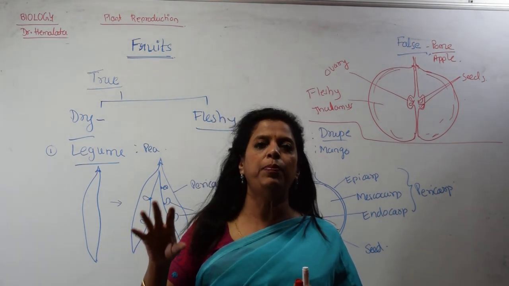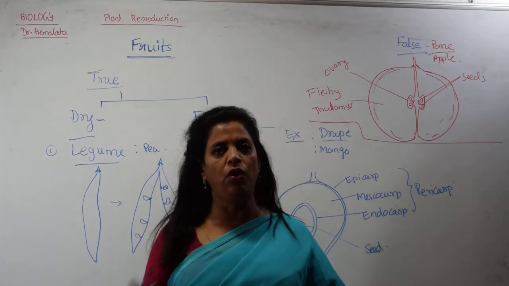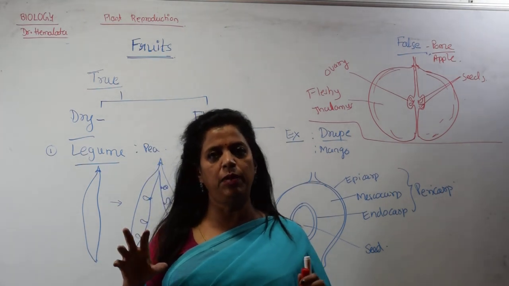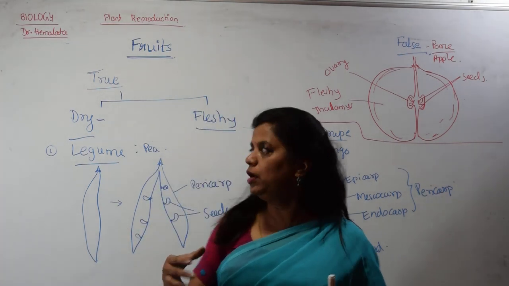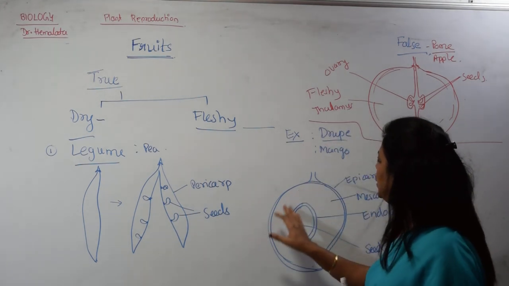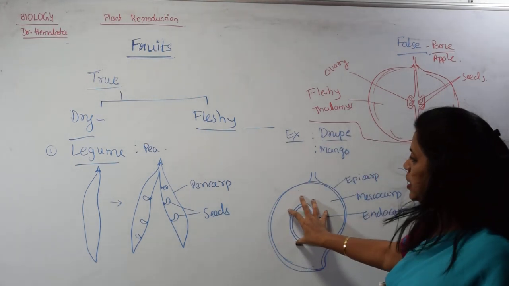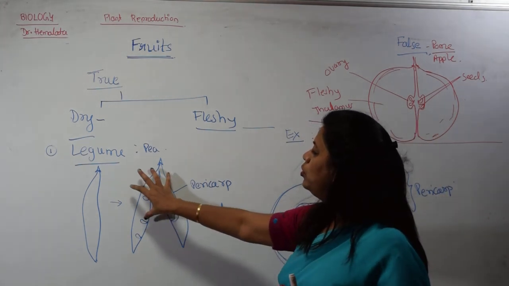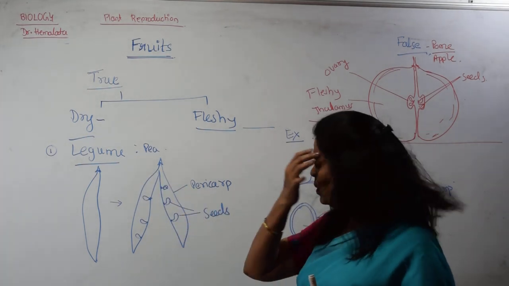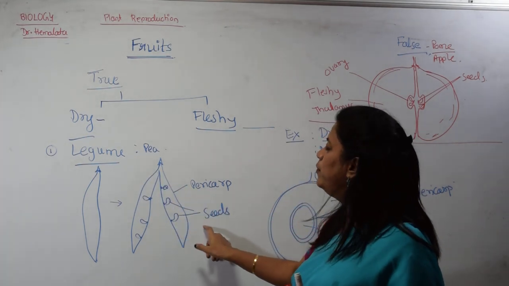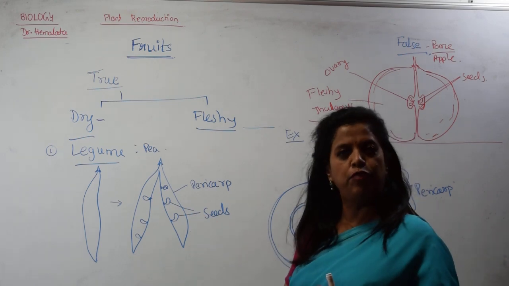Sometimes it is the epicarp, mesocarp, endocarp, one or all of them. That is, the pericarp is edible in fleshy fruits. So here the edible part is the epicarp, mesocarp, endocarp. Everything is edible here. Here the fruit wall or the pericarp is not edible, only the seeds are edible. Therefore it is a dry fruit.